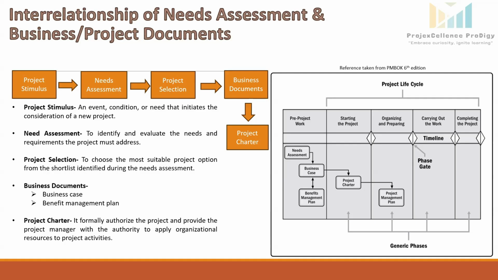Business case is nothing but a compiled, official document which justifies starting a project by analyzing the problem or opportunity. Basically, this is the summary of whatever we get after our needs assessment. It will outline the benefits, cost, and risks, and it will recommend the best solution, like we opted for the solar power plant.